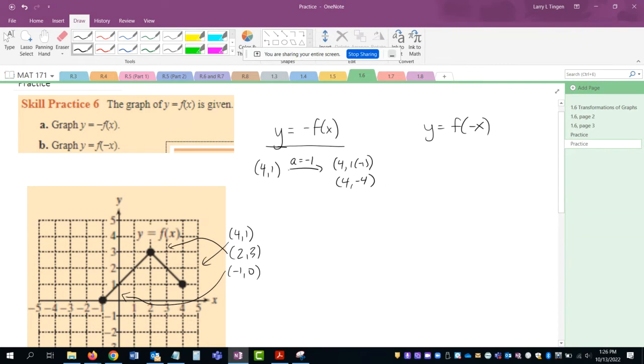So that means (4, 1) becomes (4, -1). (2, 3) becomes, is everybody cool if I just write (2, -3), and then (-1, 0) becomes (-1, 0). That one doesn't change. Oh, that's okay. So now where are my points? (4, -1).